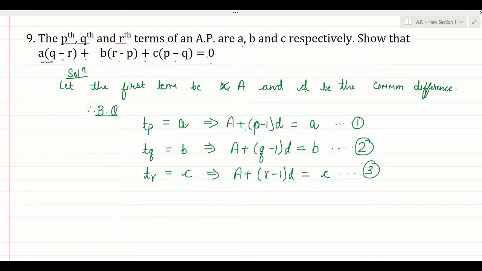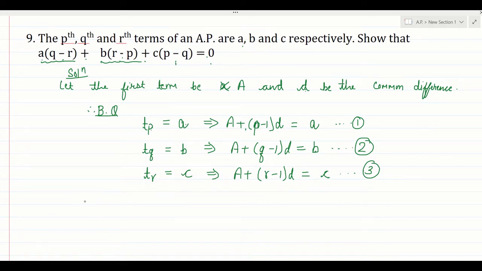So over here, A is multiplied by Q minus R. So let's multiply this A by Q minus R. If we multiply the right hand side by Q minus R, the left hand side should also be multiplied by Q minus R. Isn't this? Similarly, with B, there is R minus P. So let's multiply this B by R minus P. Similarly, let's multiply this C with what? With P minus Q. Is this clear?